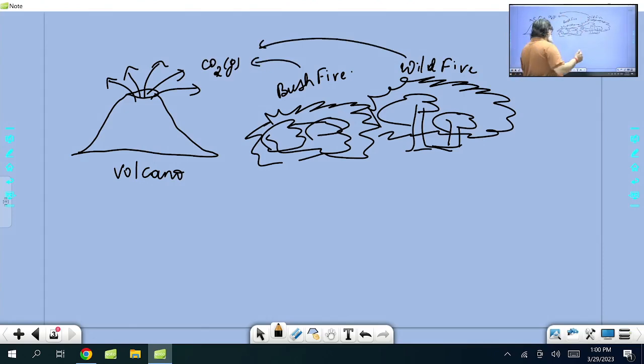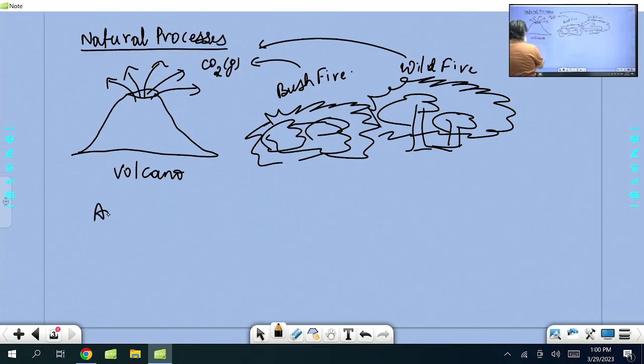Now if you look at another thing, these are natural processes. But sometimes there are anthropogenic, human-based activities, anthropogenic processes.